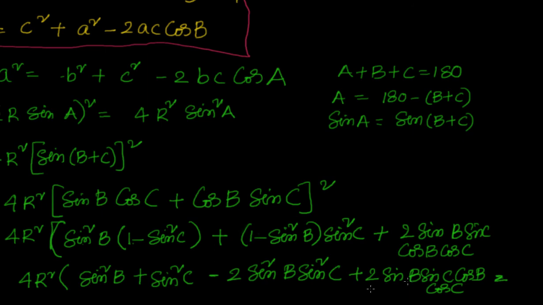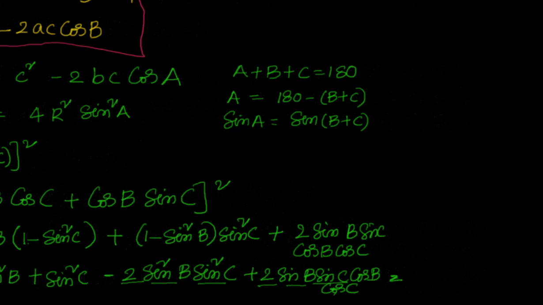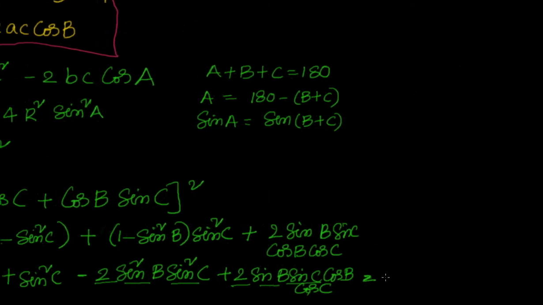You can see here 2 sin b sin c I can take common in these two. If I take 2 sin b sin c common, this becomes cos b cos c minus sin b sin c. That's nothing but cos of b plus c. Can you see that? What it will become now? Let me write it here.